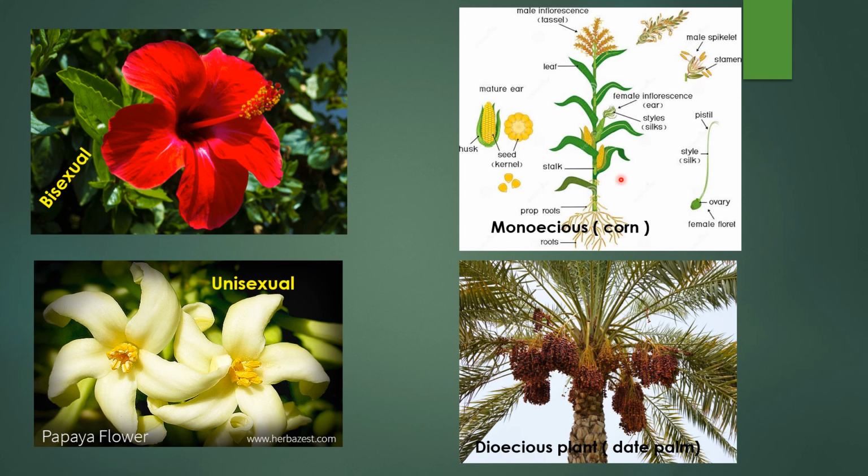And the date palm is actually dioecious. Here the male plant and the female plant are different. So these are the examples of unisexual and bisexual flowers as well as monoecious and dioecious plants. So this is all about today's topic. Thank you.